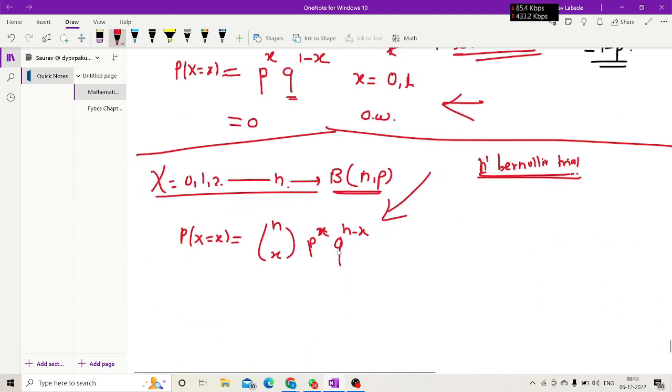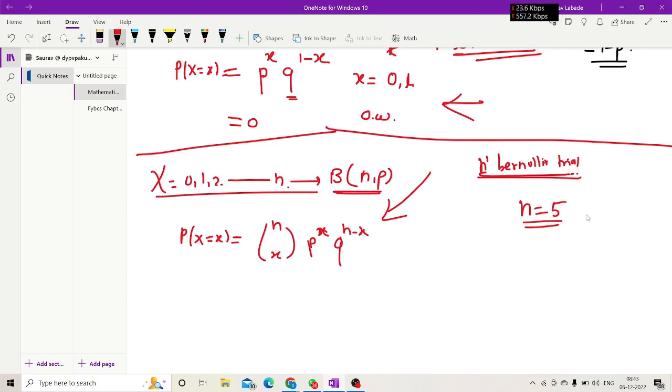What happens in the binomial distribution? I am tossing a coin a certain number of times. Suppose I am considering 5 times, or 6 times, 7 times, whatever number you choose. That number of tosses is my value of n. n equals 5 if I am tossing it 5 times.